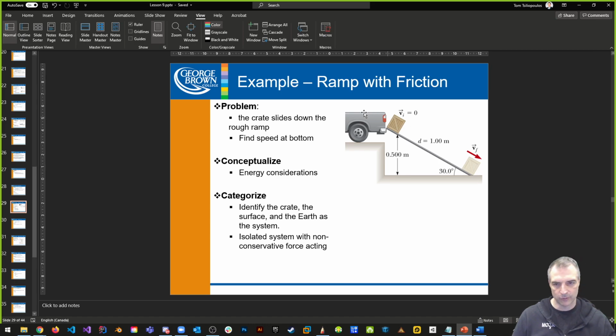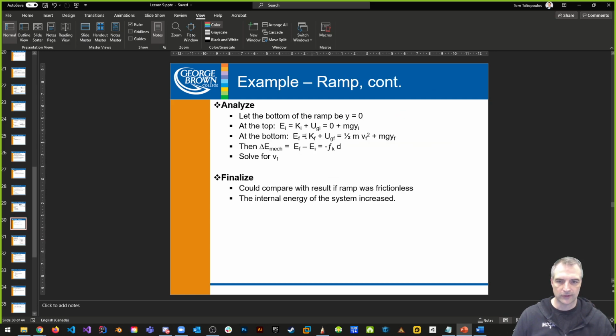Which is exactly what you would have done with Newton's laws, right? So yes, at the top, you can see the initial energy at the top, right? Internal energy is equal to the kinetic energy plus the initial gravitational potential energy, right? Which is equal to 0 plus mg initial y, right? So that's the height, mg height, right?